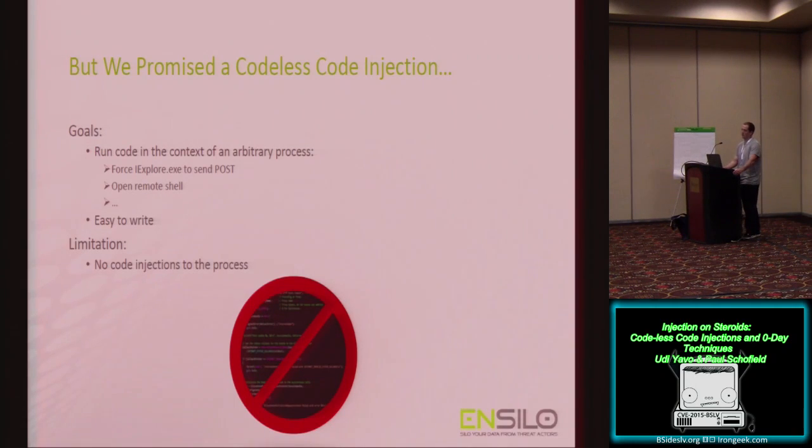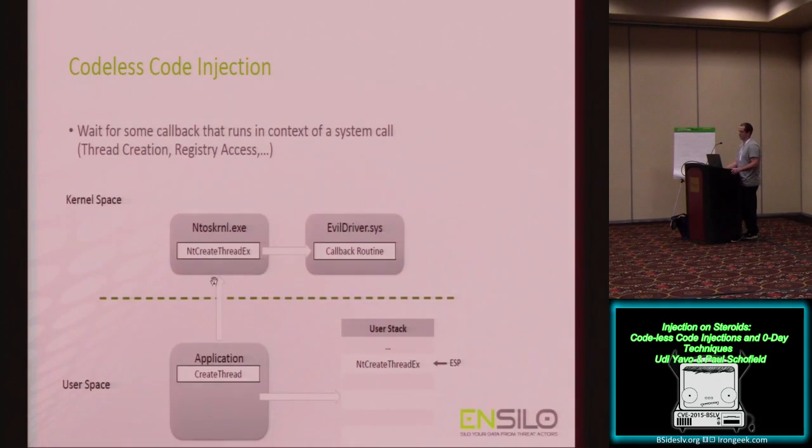So we'll be able to do complex things without too much hassle. The main limitation is no code injection. We won't add any new code to the process. So let's see how it can be done.